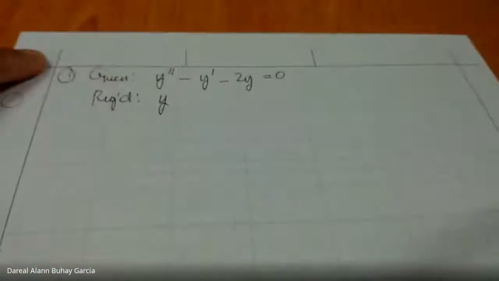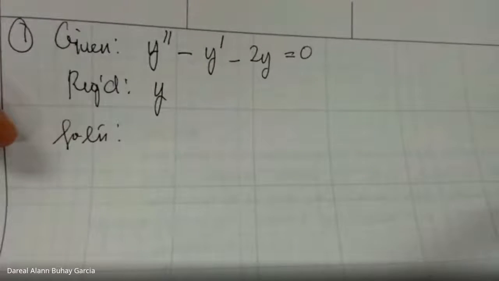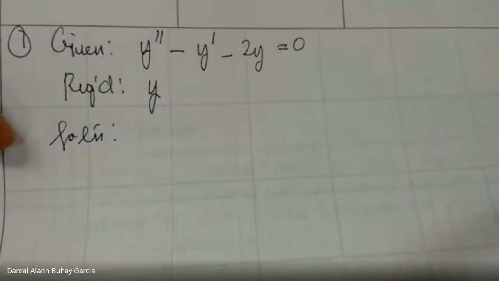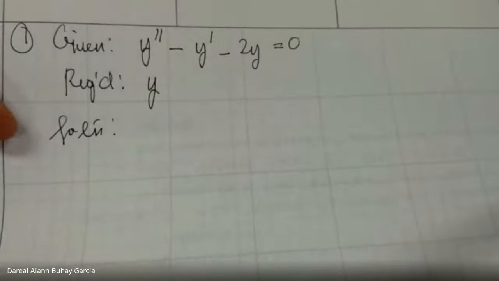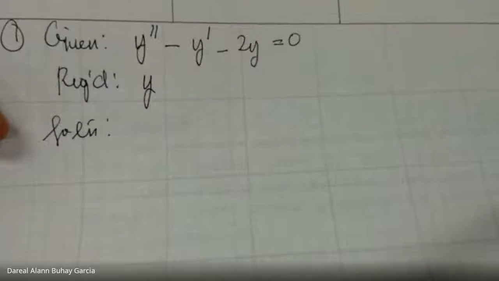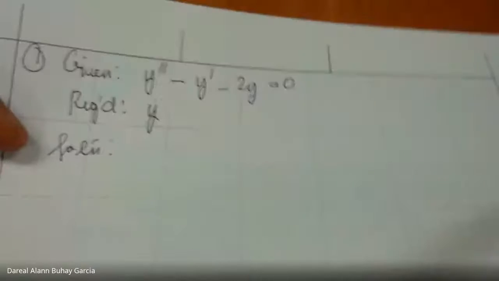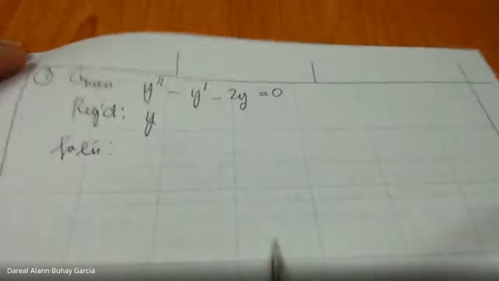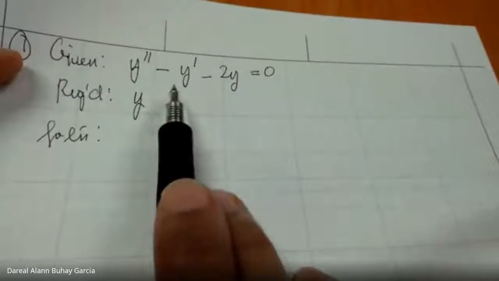So, find y. Would you agree that this is homogeneous? Because the right-hand side is zero. So the solution is easy: we transform this into its characteristic equation.